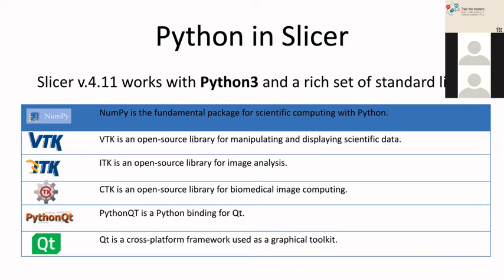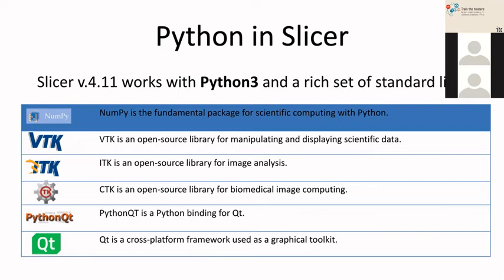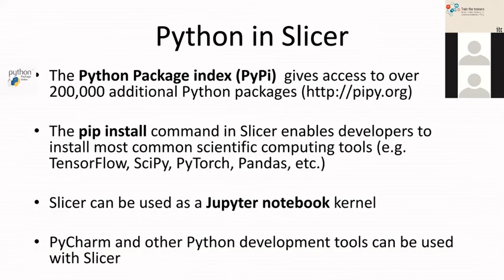PythonQt is a binding between the Qt toolkit and Python. Qt is the graphical framework that's used quite extensively. It's a very nice toolkit, available open source, but it's C++, and so PythonQt gives us an ability to use it.